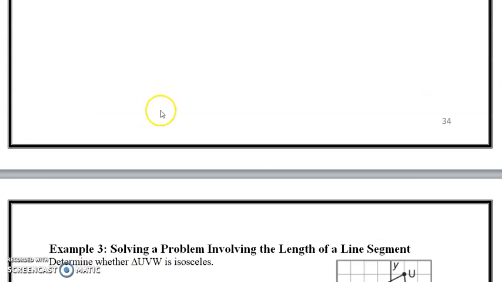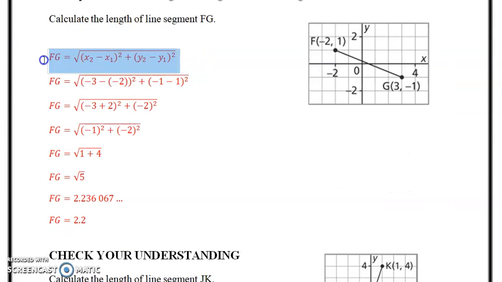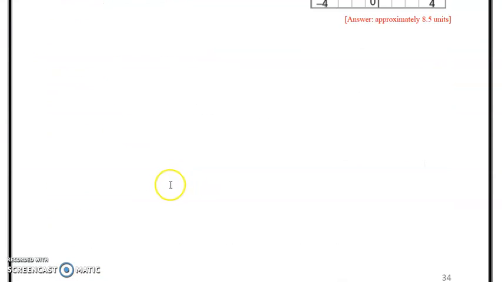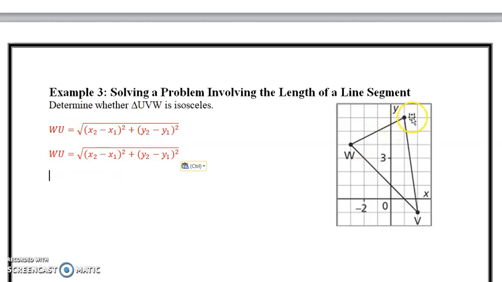So I'm going to grab that formula for us that we used for distance. Okay. So we're going to calculate that. The first thing we'll do is use WU. And WU, U would have an x value of 1.